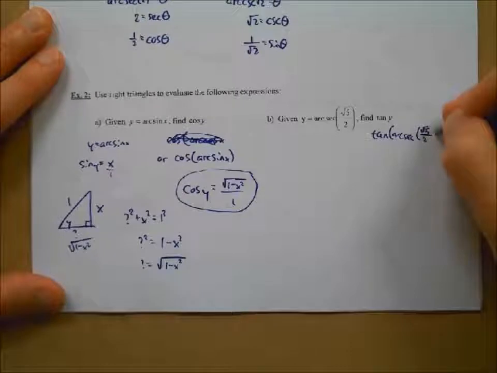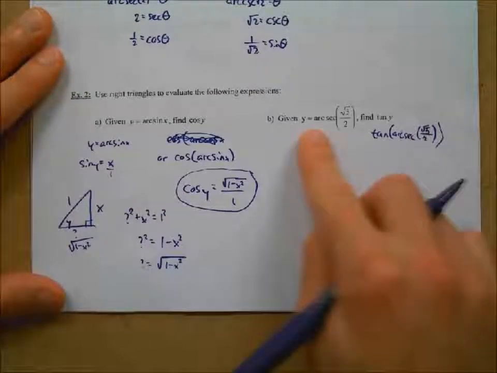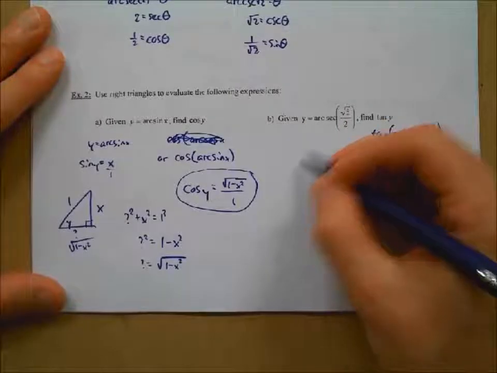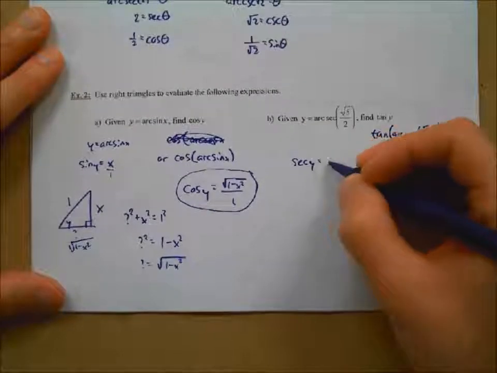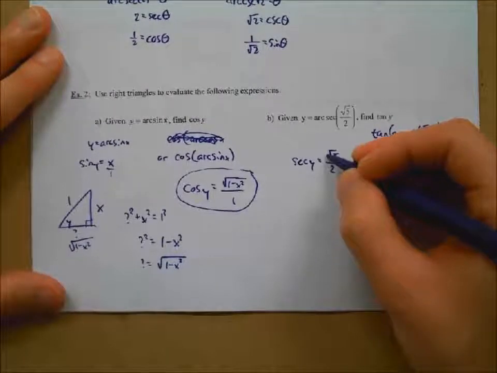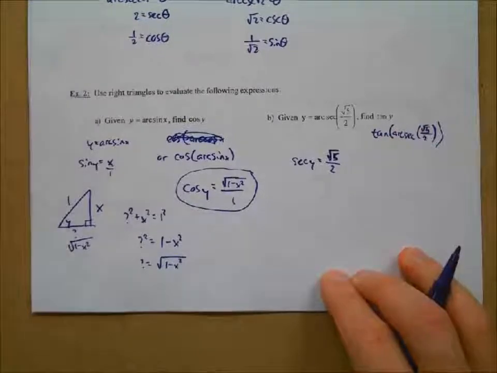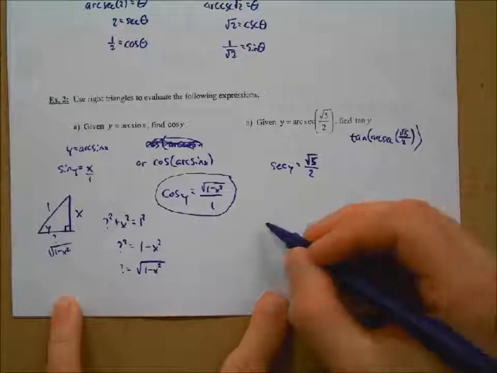Let's go ahead and I'll rewrite this. If y is equal to the arc secant of root 5 over 2, that means the secant of y equals root 5 over 2. Secant of y equals root 5 over 2, which means we can draw a right triangle to help us out here.